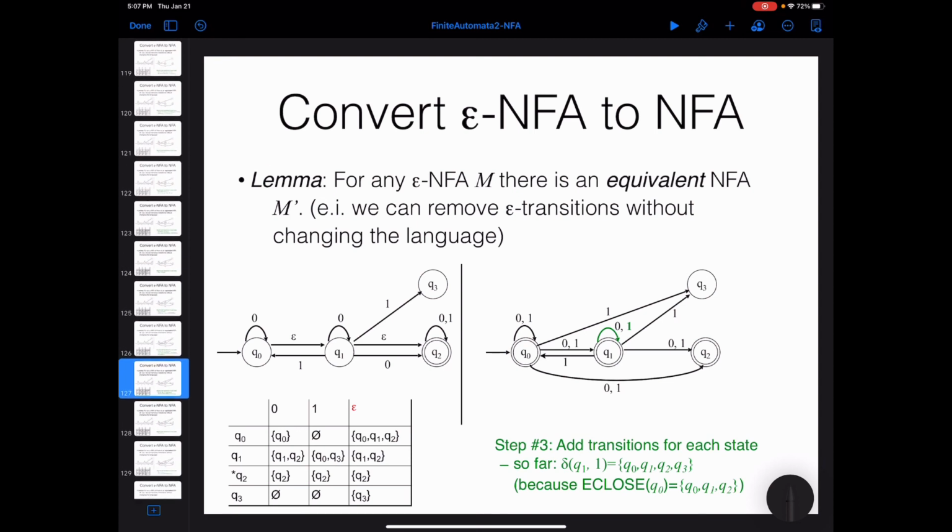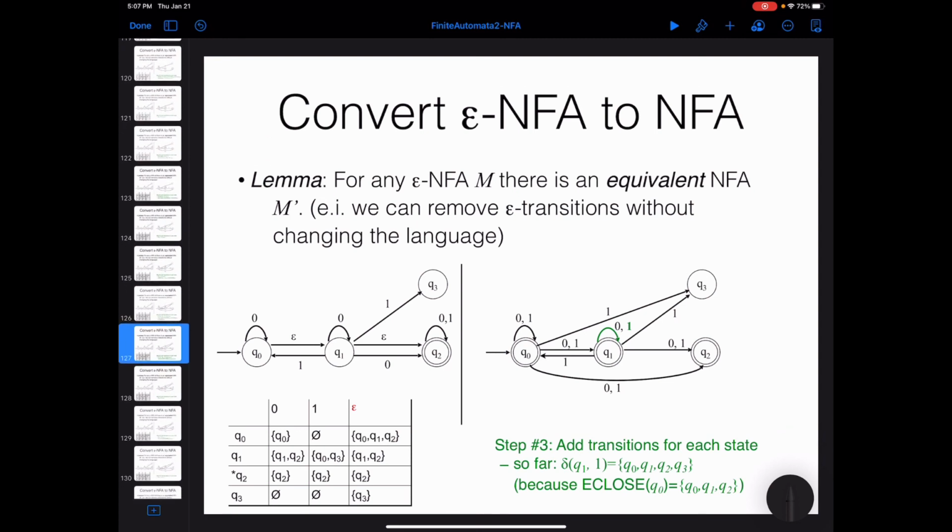Okay, similar to that, you can do it for Q2. For Q2, apply the epsilon transition. It's going to be only Q2, right? And then read the 0. So with 0, you only go to Q2. And if you apply the epsilon transition, it's going to be again Q2.